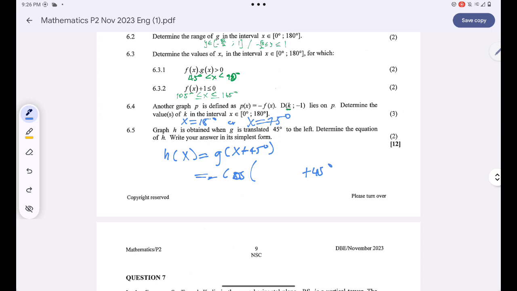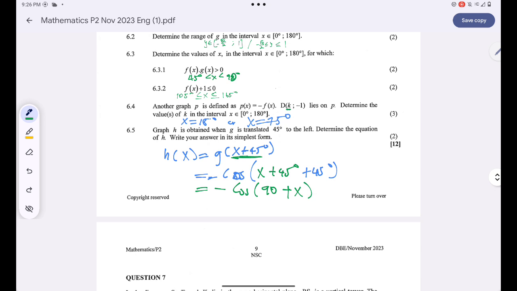Remember that whenever I come across x, I'll substitute that. I'll have x plus 45. So this is the same as negative cos of x plus 90, or you can simply write it as 90 plus x.